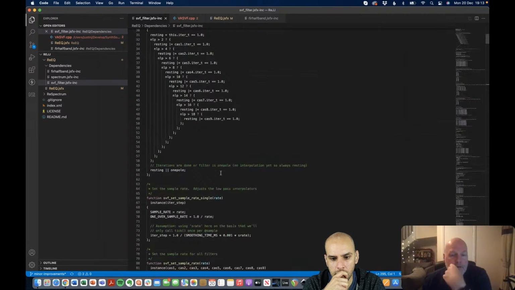The other slight complication you get when putting filters in there, and I noticed it straight away when I started to move the filters about with the mouse, is what's called zipper noise, which is like variable frequency clicking noises.